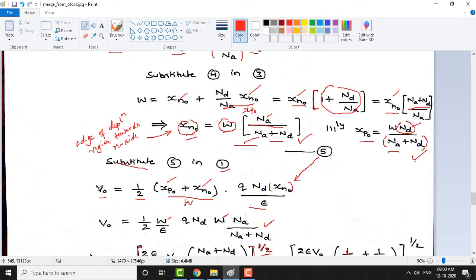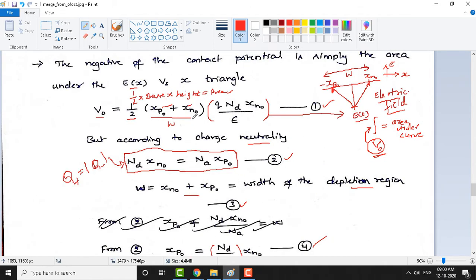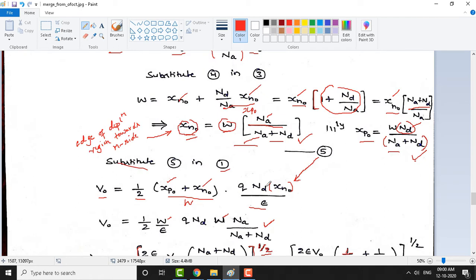So V naught, that is built-in potential or barrier potential, equals half of xp naught plus xn naught. This is the equation I'm showing to you once again, multiplied with q Nd into xn naught divided by epsilon. This xp naught plus xn naught can be substituted as W. And for xn naught, you can substitute from this equation 5.